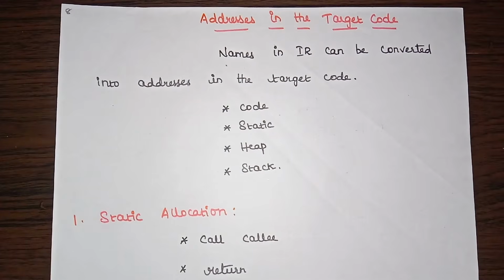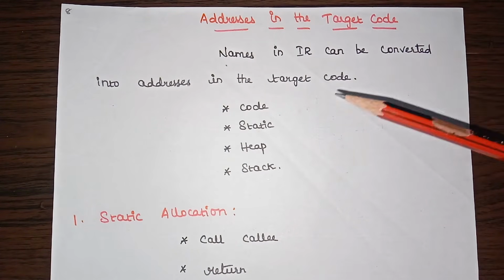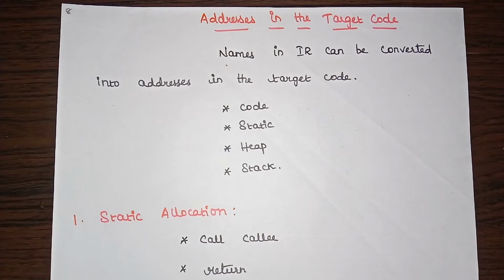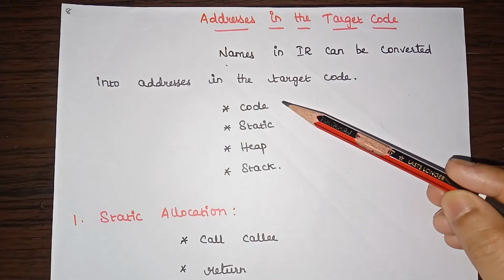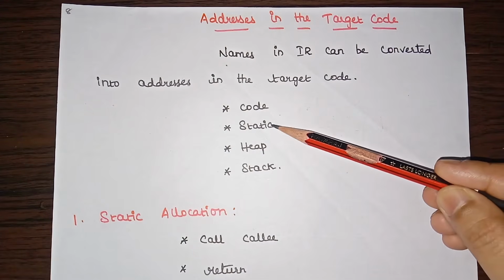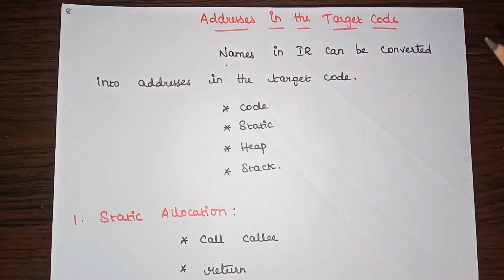We already have discussed the address space, that is the logical address space of a program, and that is partitioned into 4 code and data areas. The first one is the code area, then the static area, heap area, and finally stack area.